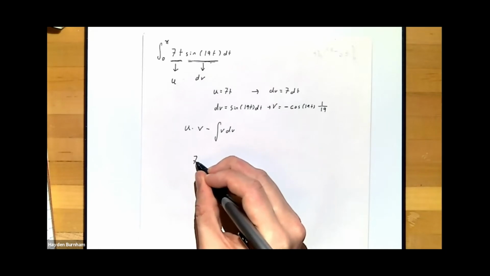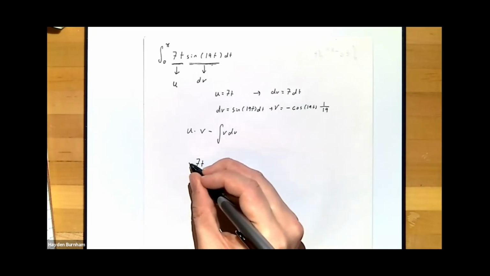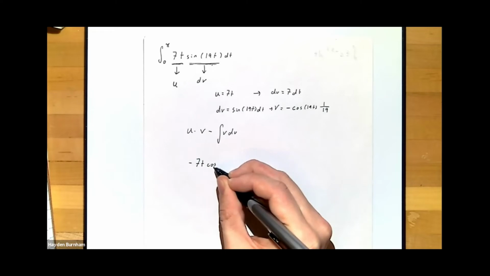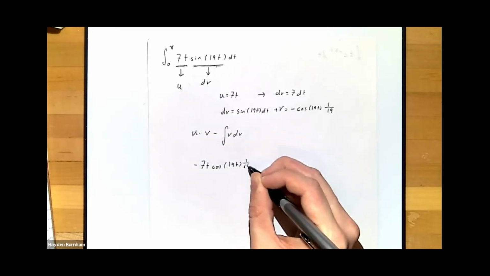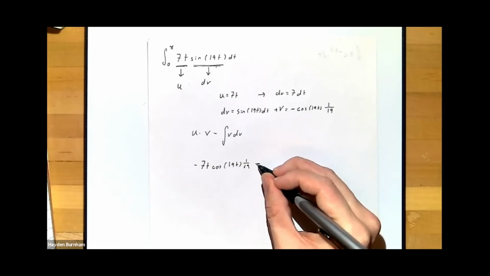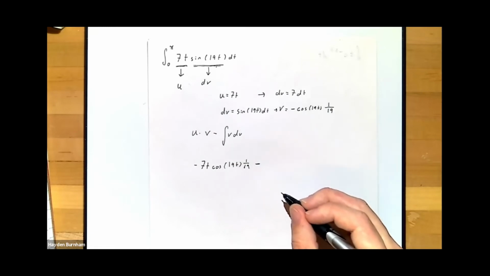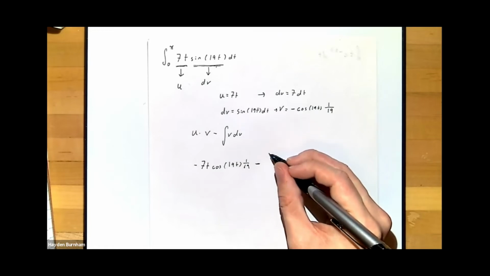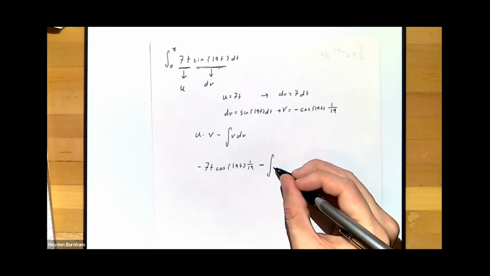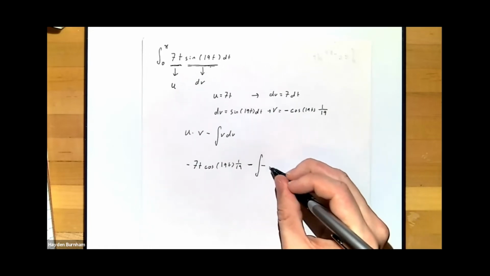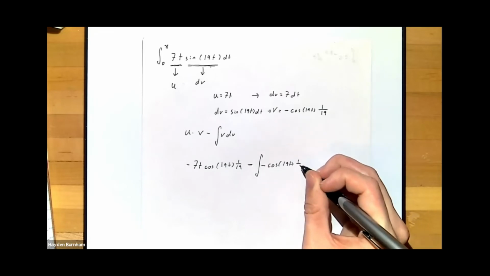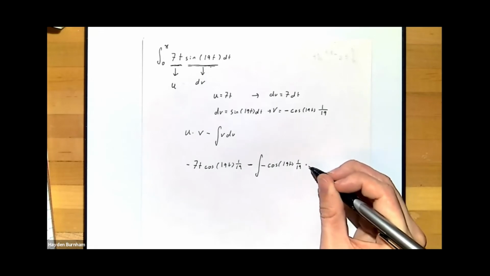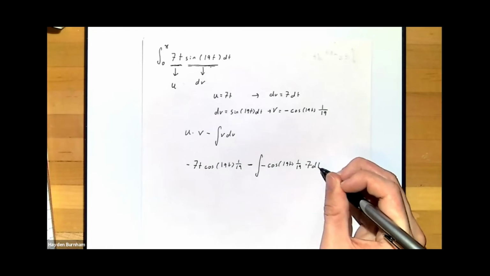So that means this could be a 7t, and I'm going to put the negative here, times the cosine of 19t times 1 over 19, minus the integral of negative cosine of 19t times 1 over 19 times du, which is going to be 7 dt. Okay.